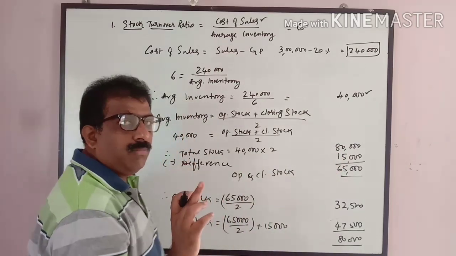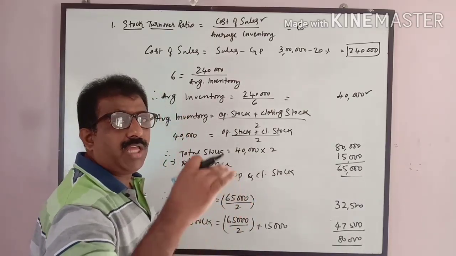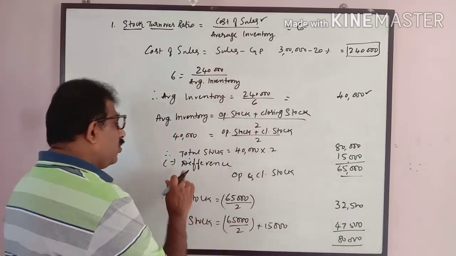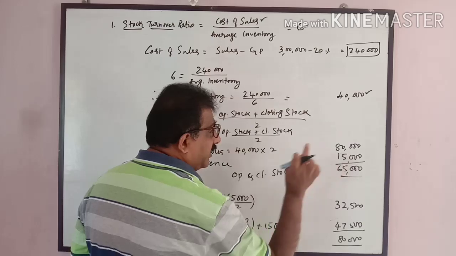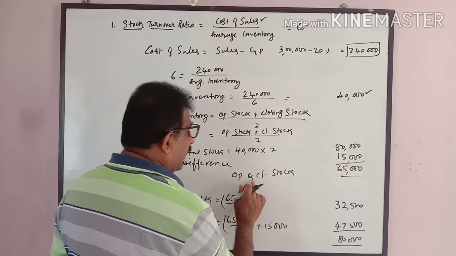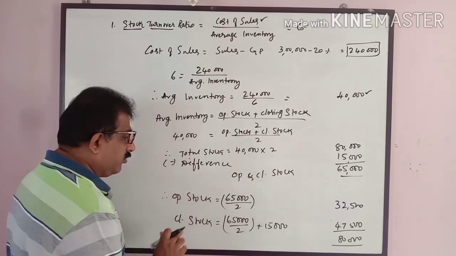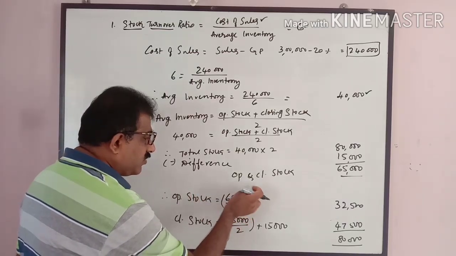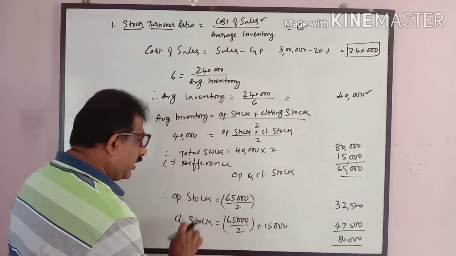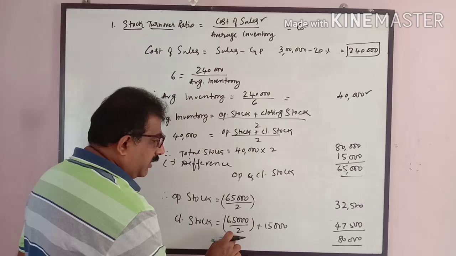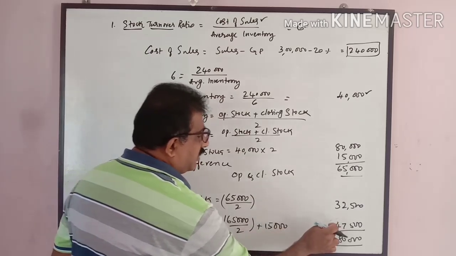And in the problem, it is mentioned that the closing stock is 15,000 more than the opening stock. So I will deduct the difference. Out of 80,000, I deduct the difference of 15,000. The remaining comes to 65,000. Now I can calculate the opening stock: 65,000 divided by 2 comes to 32,500. Closing stock is again 65,000 divided by 2 plus 15,000, because it is more by 15,000, which is 47,500.